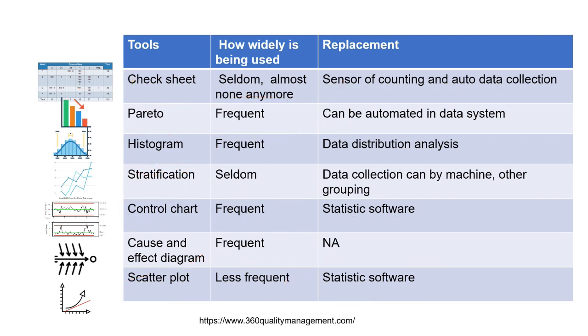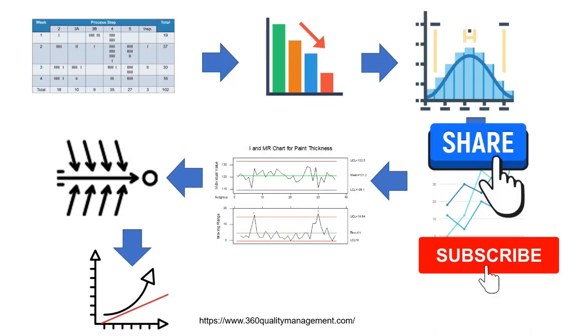However, this does not mean that the 7QC tools are no longer valid, as the approach of collecting the data and mapping it to the root cause of a problem is a must in any manufacturing industry related problem solving. I hope that this video has given you some guidance on which tools you should master to get your problem solved.